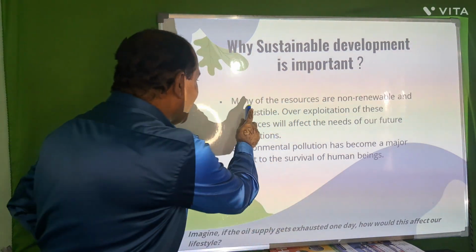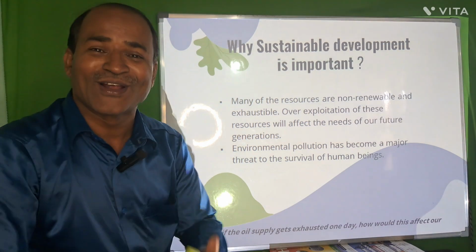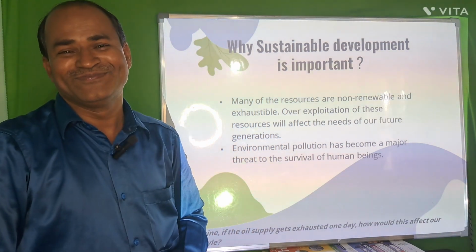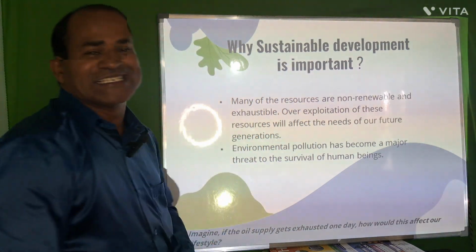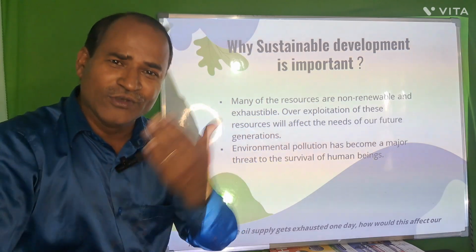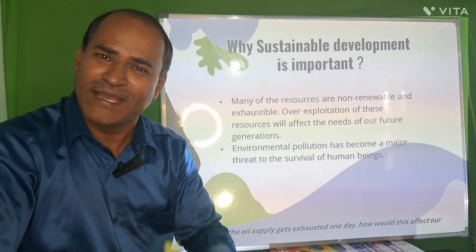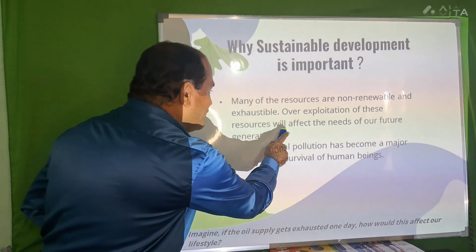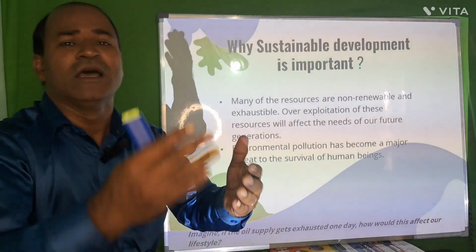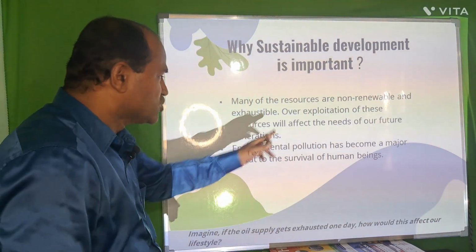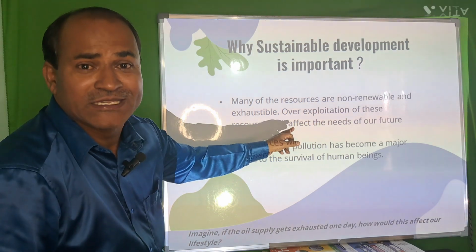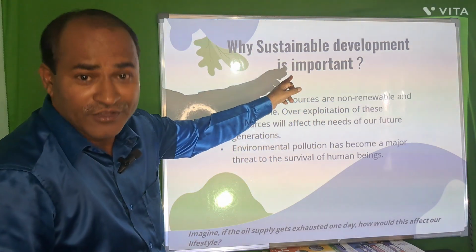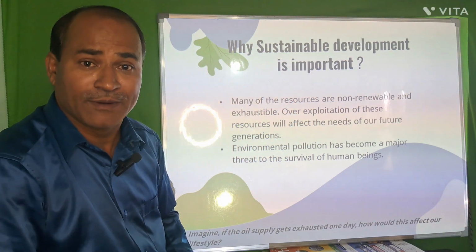You know why? Because many of the resources are non-renewable and they are exhaustible. If you keep on using them, they will be exhausted. Over exploitation of these resources will affect the needs of our future generations. So we must preserve the resources for our future generation for the purpose of sustainable development.